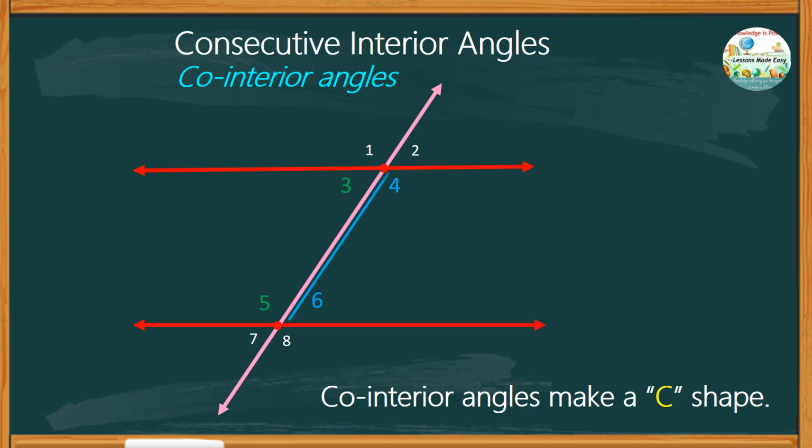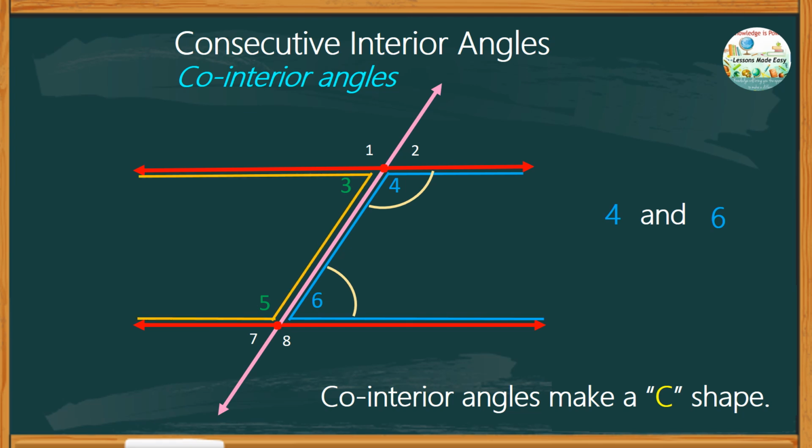We can find a pair on the right side, angles 4 and 6. Another C shape or a pair of co-interior angles is on the left side of the transversal, consisting of angles 3 and 5. So clearly you can see that co-interior angles are found on the same side of the transversal.